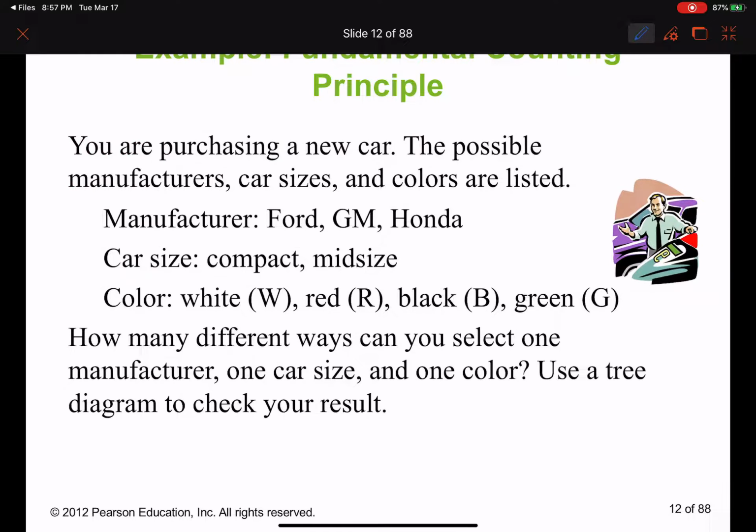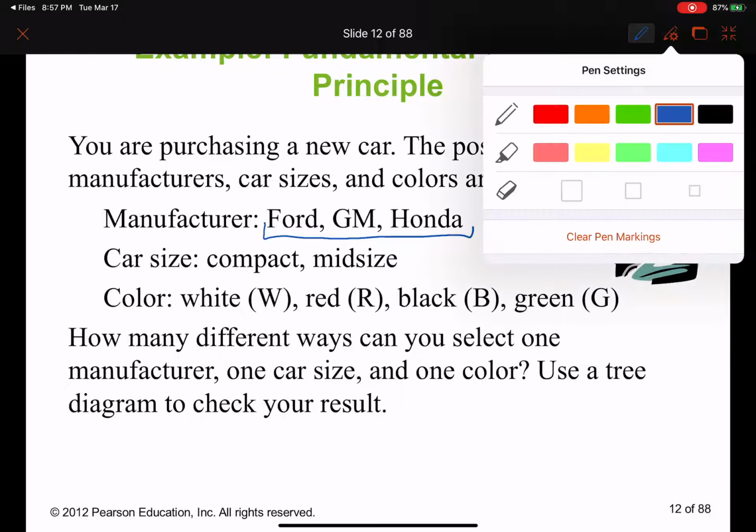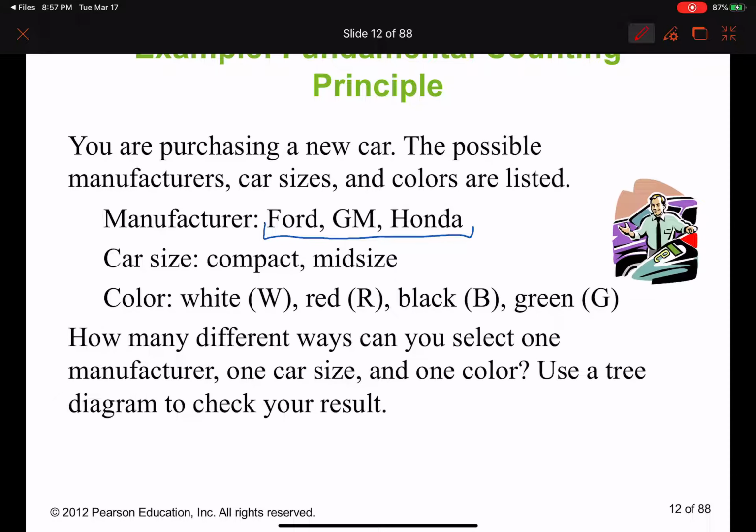You want to purchase a car. Here are 3 possible manufacturers: Ford, GM, Honda. Car size, 2 sizes: compact, mid-size. And color is white, red, black, and green.